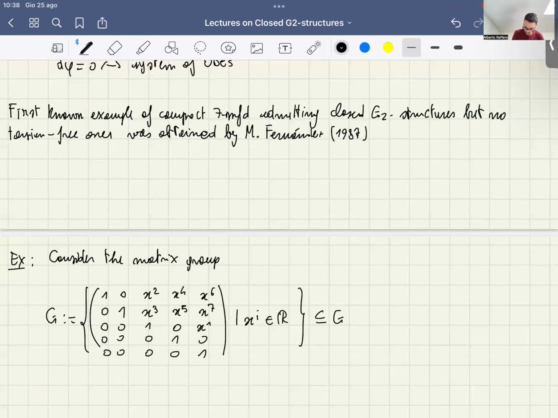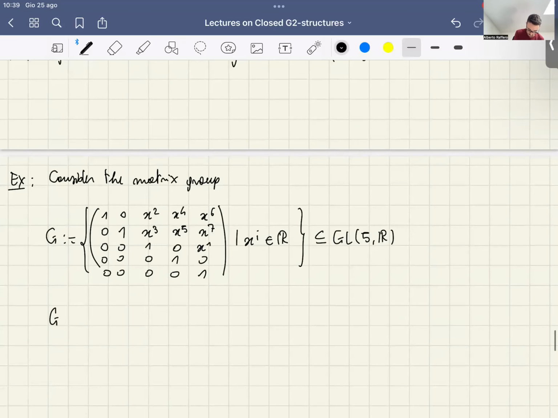So this is a subgroup of the group GL5R, and G is isomorphic to the product of the generalized Heisenberg-Lie group of dimension 5 cross R2. And this was actually the description that Fernandez gave. So she focused directly on this group here, and then she took the product. But this description is equivalent.